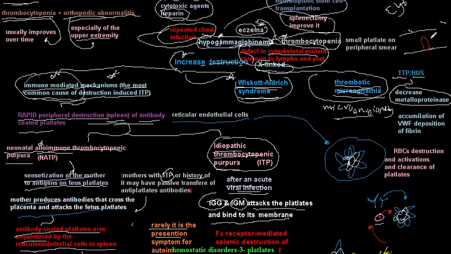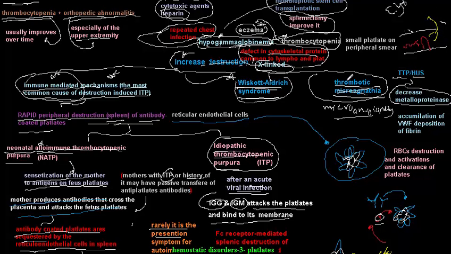You remember von Willebrand factor contributes to the adhesion of the platelets to the endothelial layer of the vessels. The von Willebrand factor should be destroyed by the metalloproteinase protein. This is a protein to destroy the von Willebrand factor.